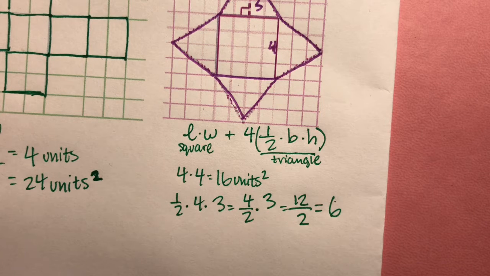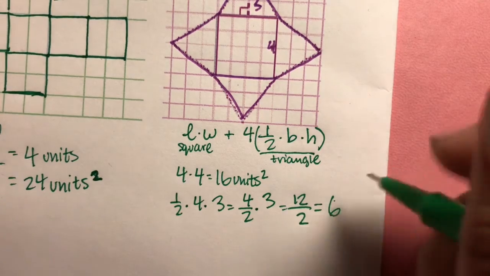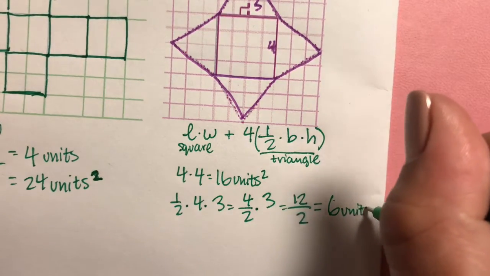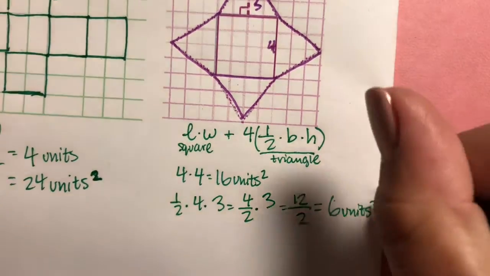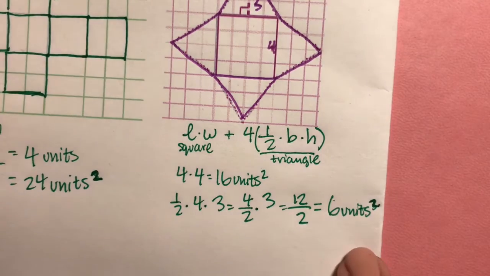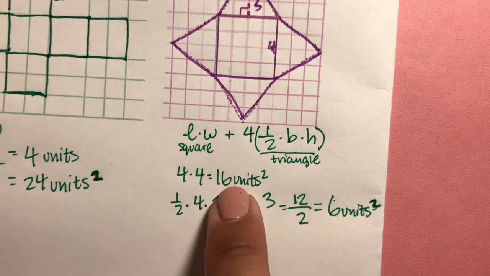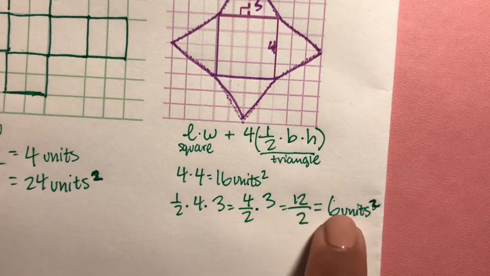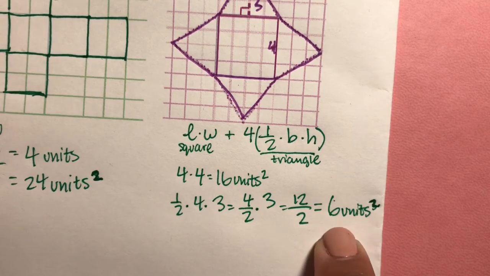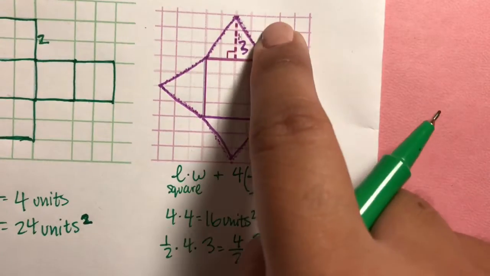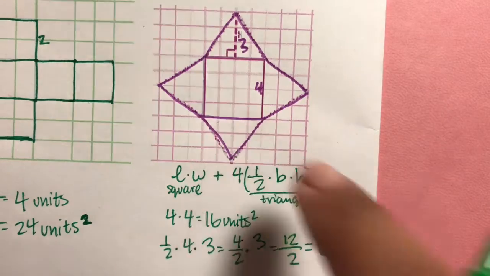Okay, all right. So now we have the surface area for one triangle and the surface area for one square. We have the square taken care of, but we need to multiply the triangle by 4 because, again, how many triangles do you see in the net for the square pyramid? There's 4.